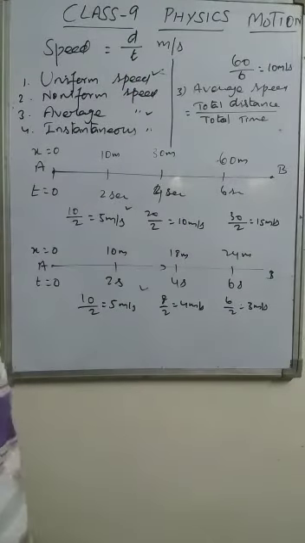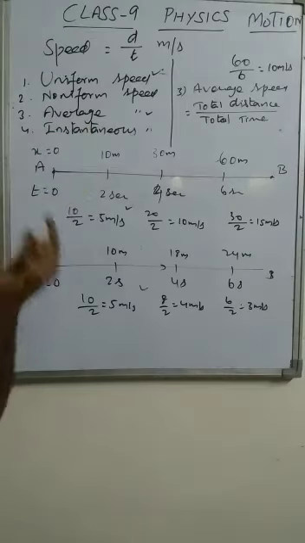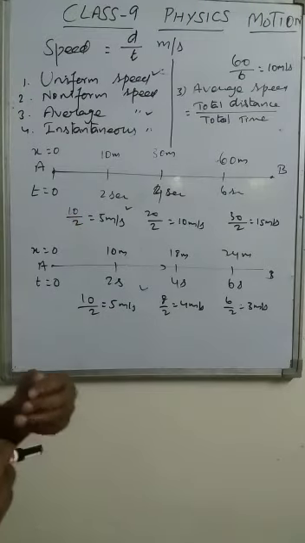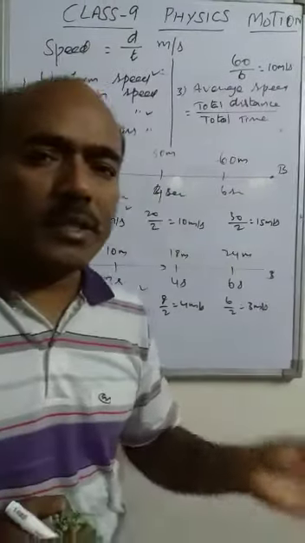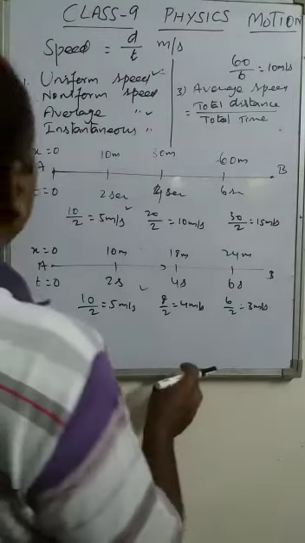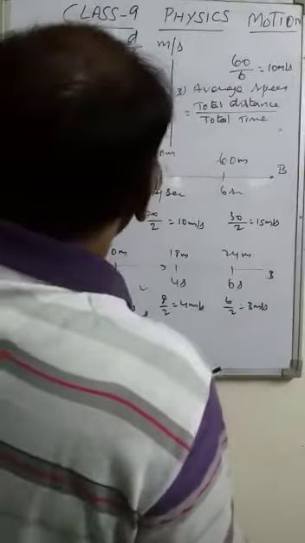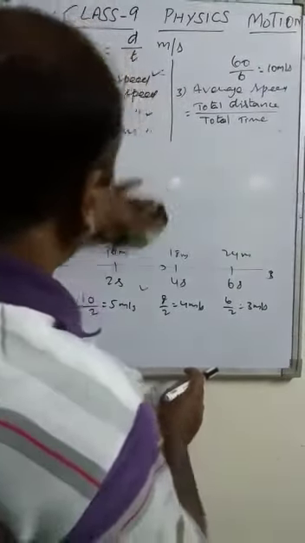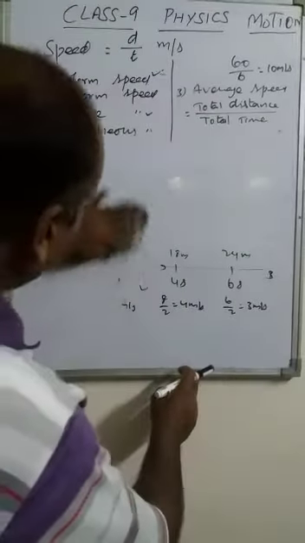Then coming to the last type, that is instantaneous speed. In this instantaneous speed, what actually is it? The word instant means at that particular moment. Suppose you are traveling in your own vehicle, for example, your car. In all vehicles, we have a device to find out how much distance it is traveling and with what speed it is traveling.